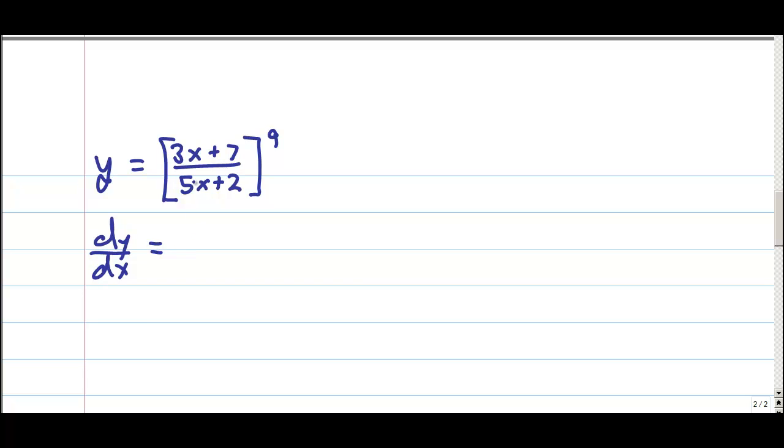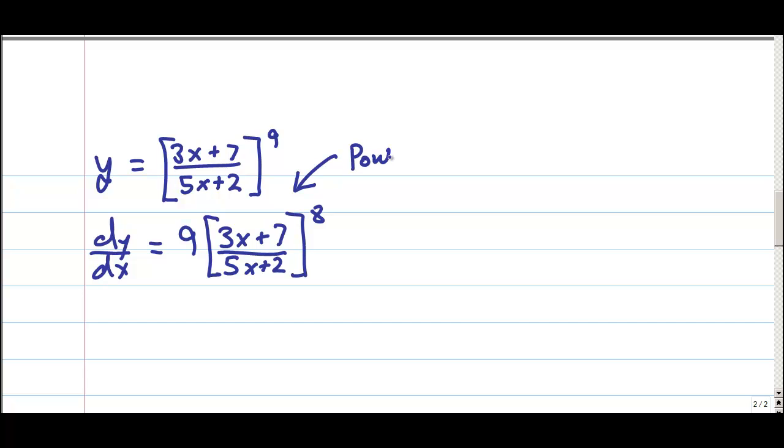So we take the derivative of the outside first. Okay, so here I applied the power rule. Now I multiply this by the derivative of the inside.